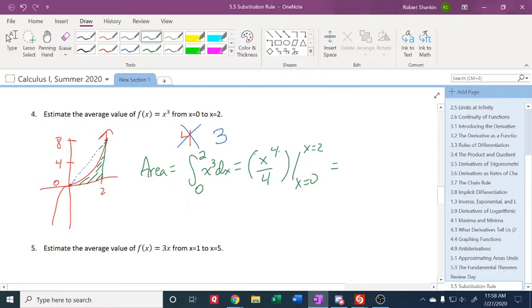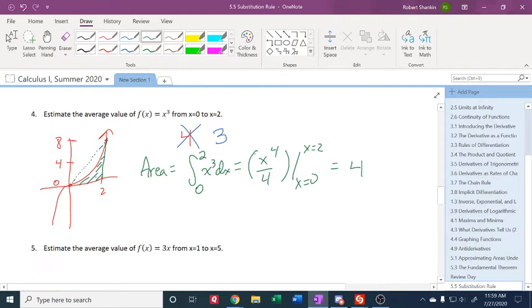When x is 2, I get 16 divided by 4, which is 4. Yeah, 2 to the 4th is 16. I get 4.